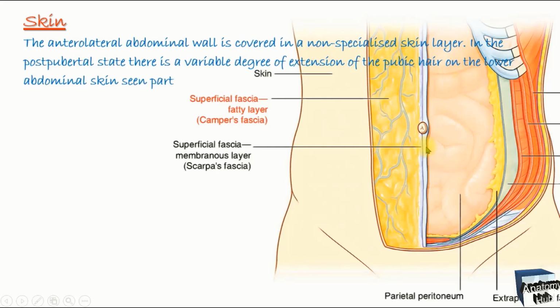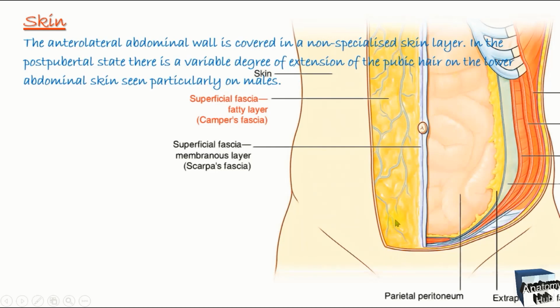So this Camper's fascia is actually the subcutaneous layer of fat whose thickness varies among individuals, and it is continuous with the superficial fascia of your thorax region, back region, and the lower limb also.